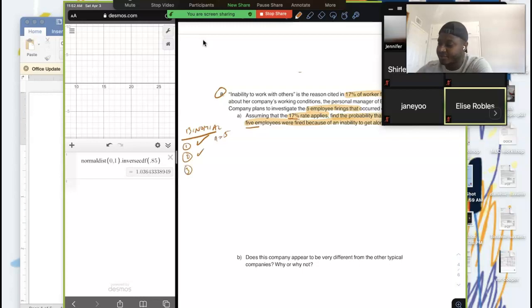Third is, do we have 2 outcomes? What are they? Fired or not fired, right? So that works. And then fourth, is the probability of success the same for every trial? So in this case, success would be firing somebody. So is that probability the same for everybody? Or are we told that it is the same?